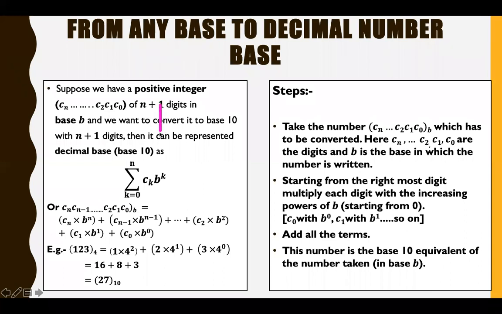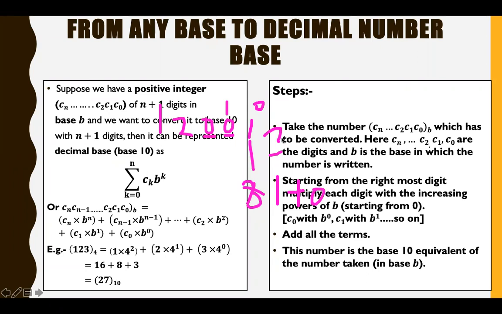The next one you have is 1, 2, 0, 0, 1 in base 3 to base 10. Similarly, 1 into 3 to the power 0, which is 1 into 1, so 1. Then 0 into 3 to the power 1 is 0.